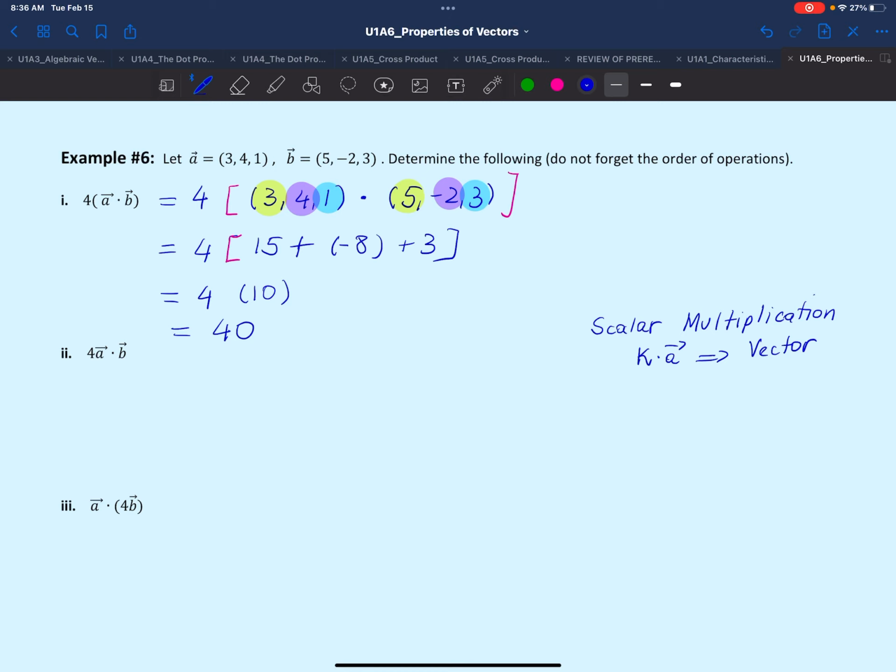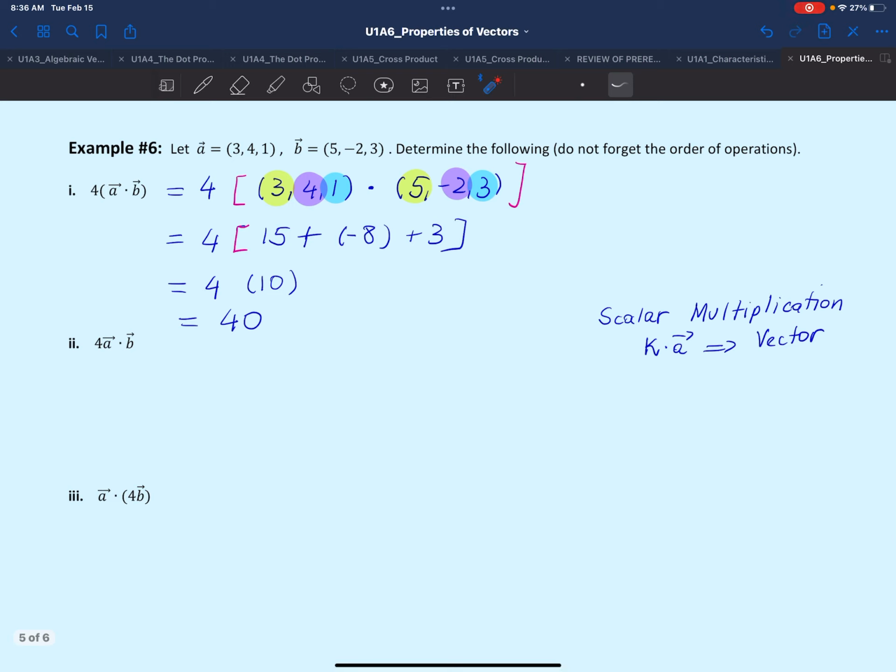The vector that we obtain would be longer if k is bigger than 1, or shorter if k is between 0 and 1, or it would go in the opposite direction. If k is between negative 1 and 0, it will be shorter and opposite to A, and so on. Now, in scalar product, so not scalar multiplication but scalar product, we assume dot product.